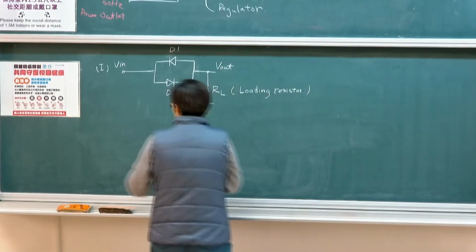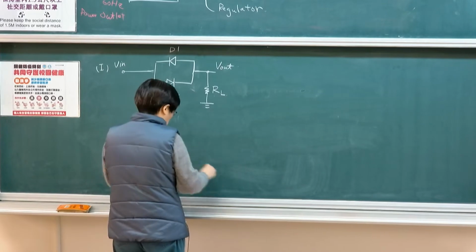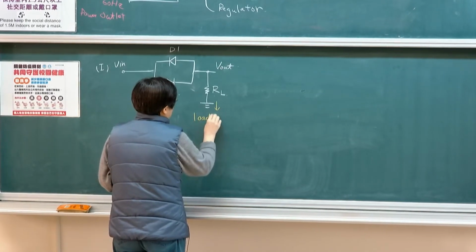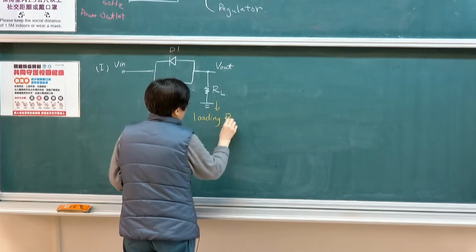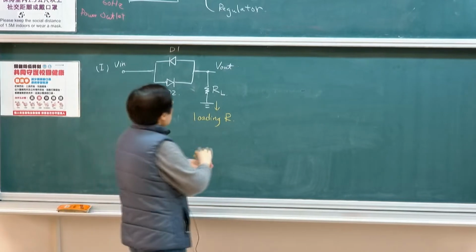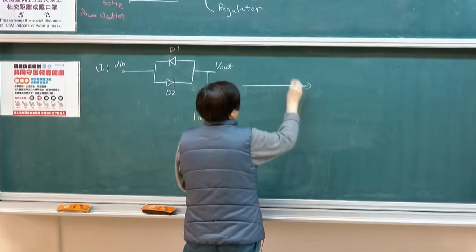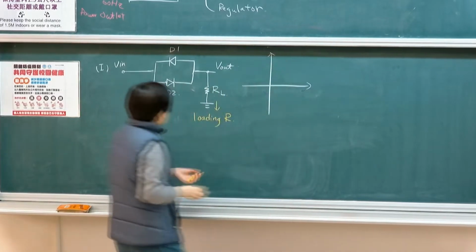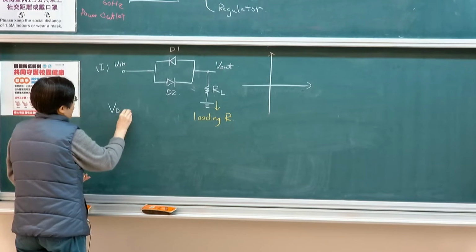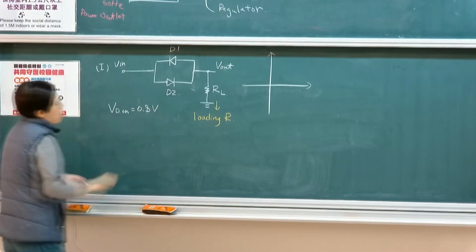RL is referred to as the loading. It's loading whatever you need to provide. So then we need to plot two things. One is the transfer function. If you remember, using the constant voltage model with VD on, I'm just giving maybe 0.8 volt.